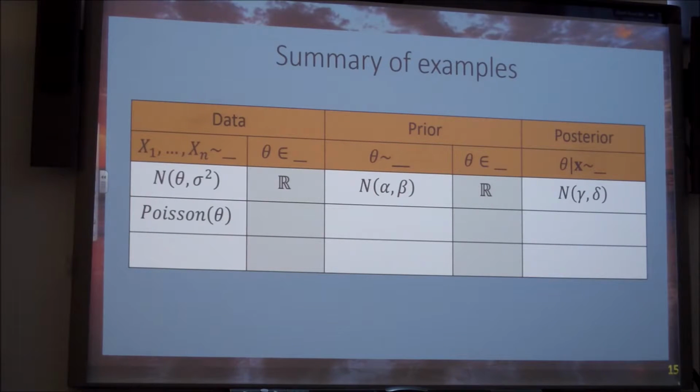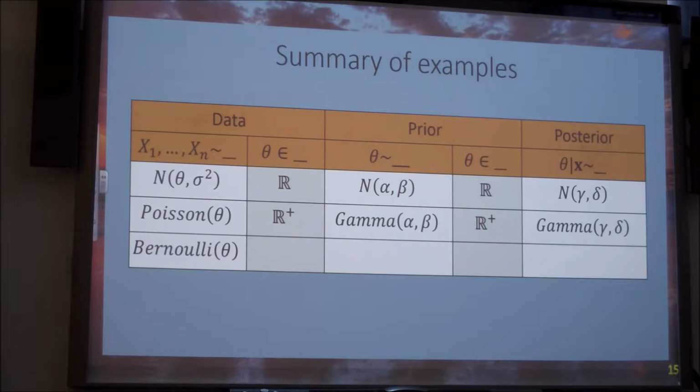If our data followed a Poisson distribution with parameter theta, that means that theta has to be a positive real number, because theta is a rate in this case. And then I could specify a gamma distribution for theta, and the domain for the gamma distribution is the positive real line. And then the posterior, because it's conjugate, will also be gamma with different parameters, and will have the same domain.